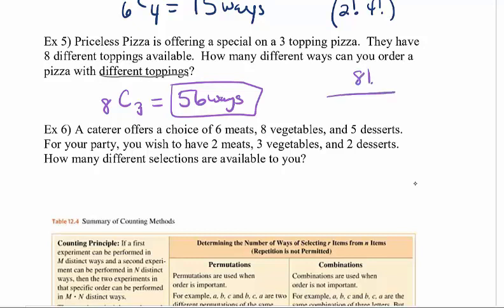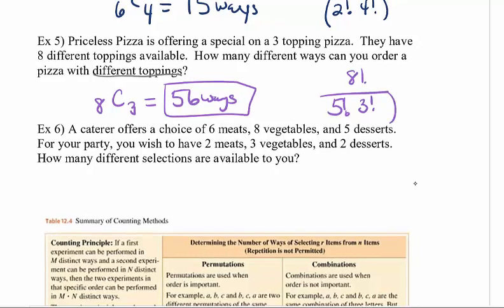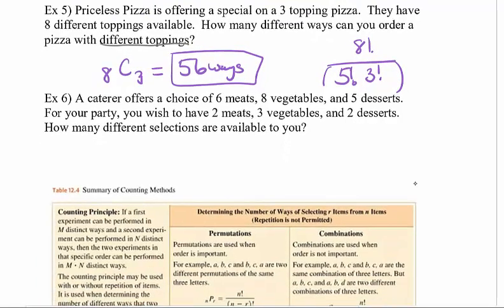Subtract the 2, which is 5 factorial, which gives me that permutation. And then get rid of the repetition. And you can get that. But make sure if you're going to do it that way, you put the parentheses there. Really important. I do not expect to see this on your paper. If you want to do it that way, you can. The minimum I expect to see on your paper is this.